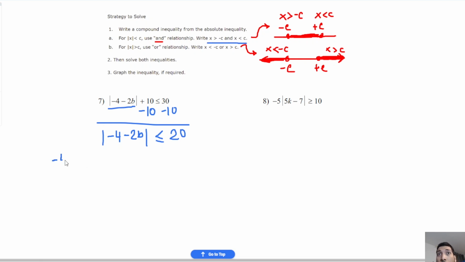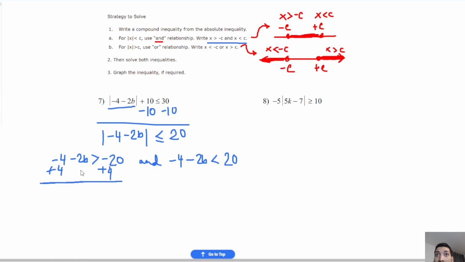So -4 minus 2b greater than the negative value of the constant, which is -20, and -4 minus 2b less than the positive value of this quantity, which is +20. Now we solve for this variable b. So first we add 4 on both sides.